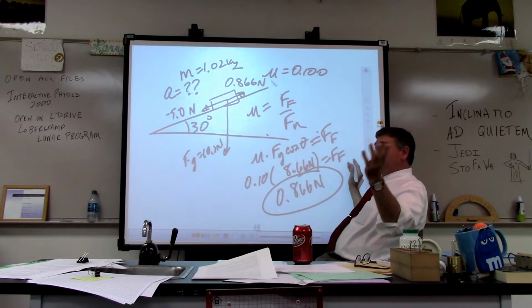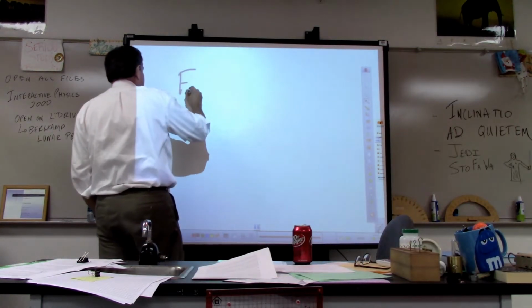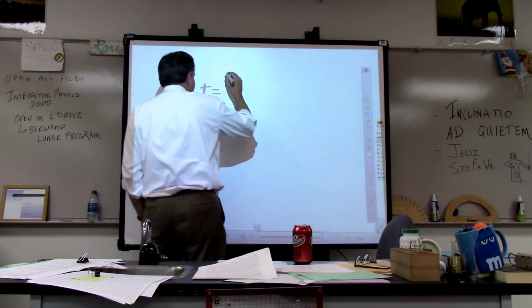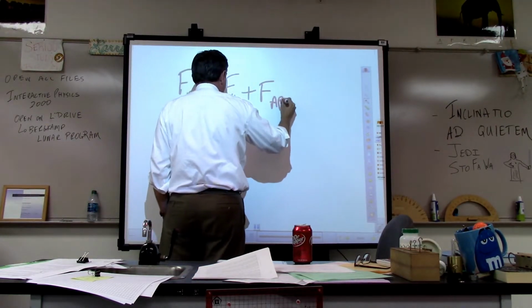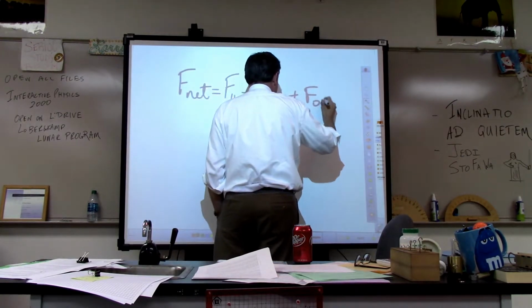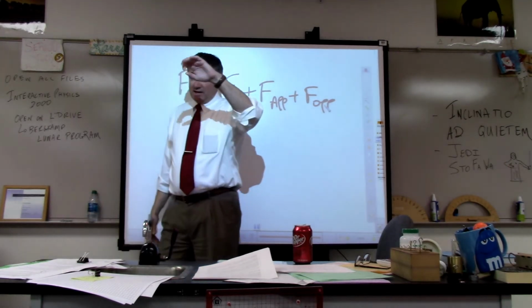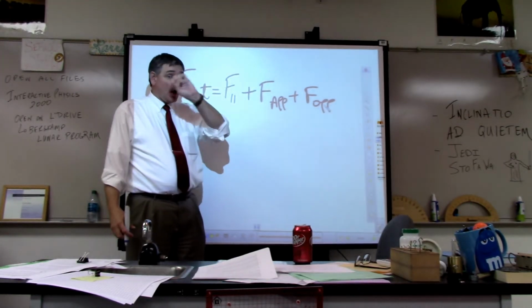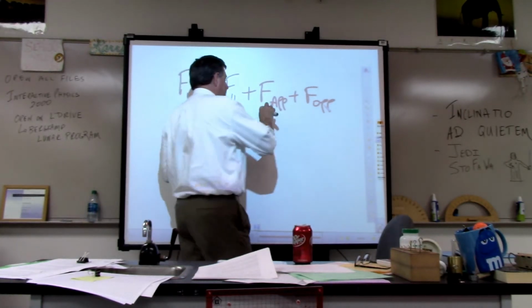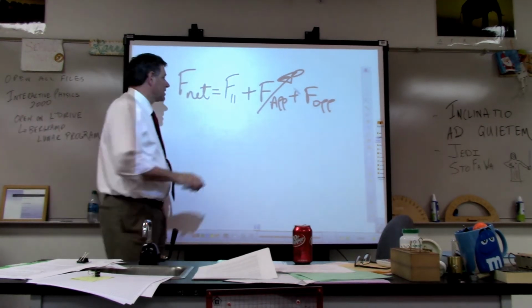So now we can look at mathematics. Force net is going to equal my force parallel plus my F applied plus my friction. All I did was let go of the box, so there still is no applied force. That still is 0. I don't have to worry about that.